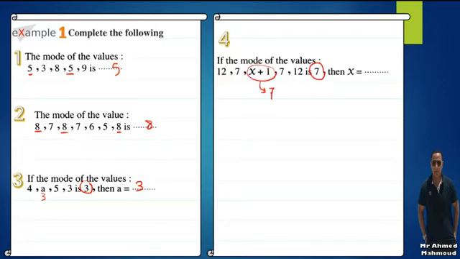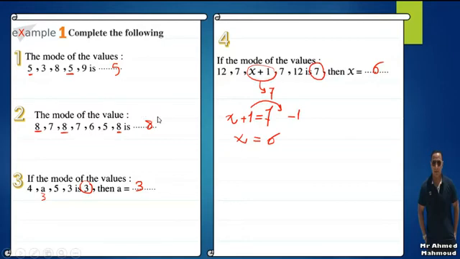Then x plus 1 equals 7. By sending 1 to the other side as minus 1, x equals 7 minus 1 equals 6. Okay, now I studied here the mode of some values.